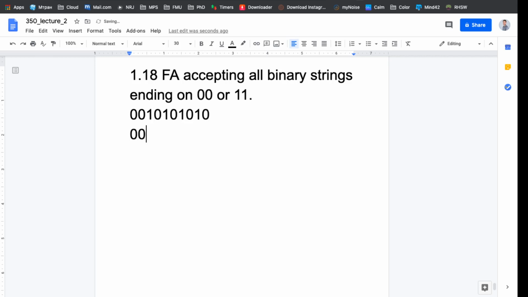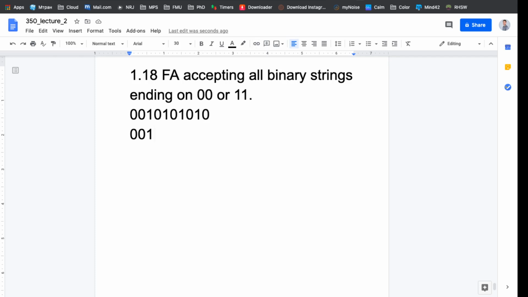So if we see 0, 0, we're still not ready to accept because we need to process the rest of the string. And then if we see 1, then we should reject. Which means that we don't really have that condition anymore where we hit the criteria and accept, which means that we're not going to have a trap state.